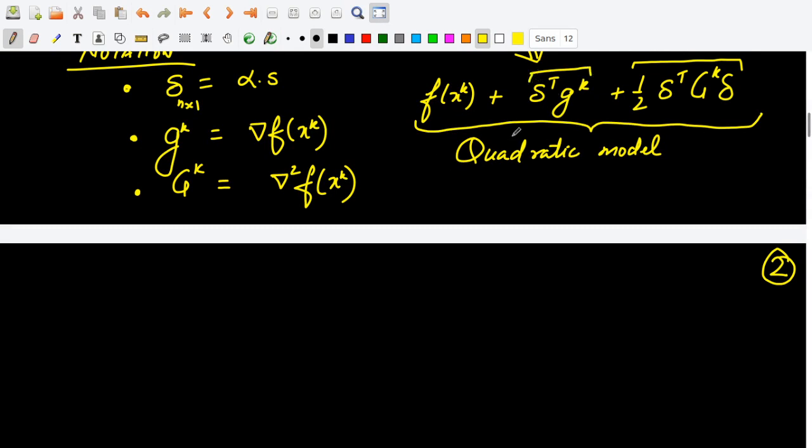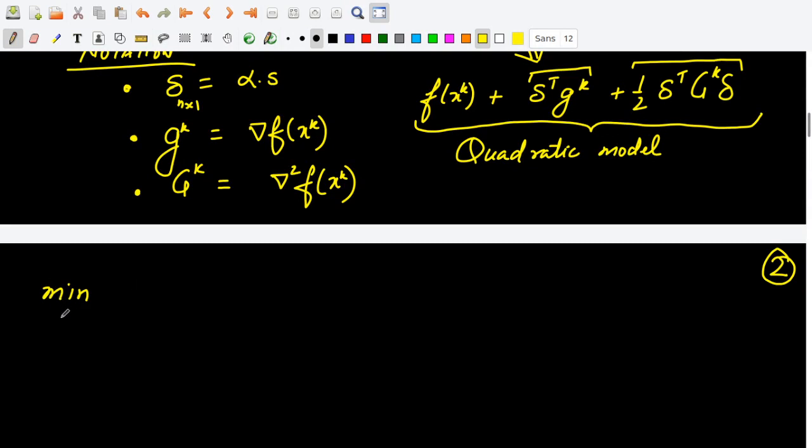So what Newton's method does is try to minimize this quadratic model and just go to the solution of that model. So we find the minimum value of this quadratic model.